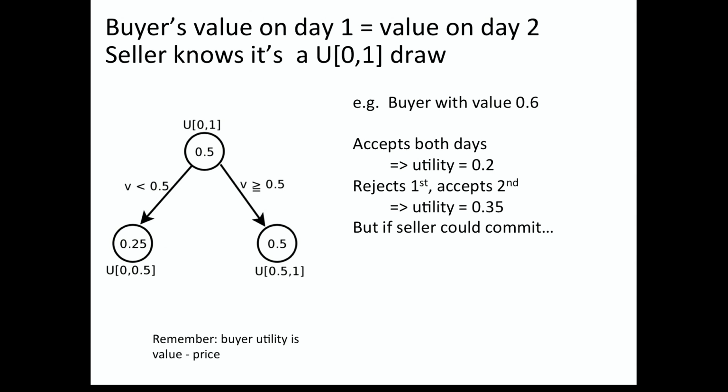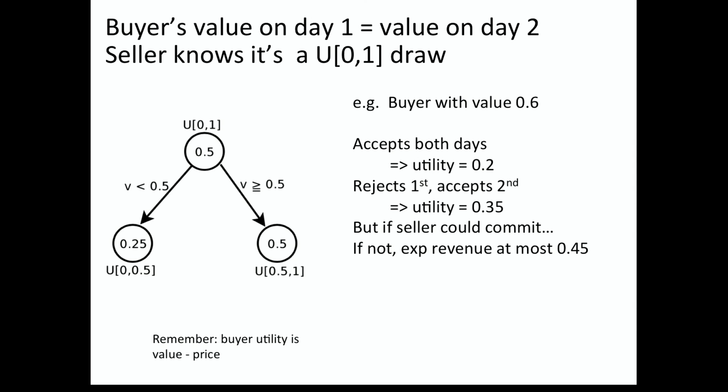Okay? Now, of course, if the seller could commit to selling at the price of 0.5 every day, then he could certainly get in expectation 1/4 every day. Okay? But if he can't commit, it turns out that for 2 days, the total expected revenue he can get is at most 0.45. Okay?